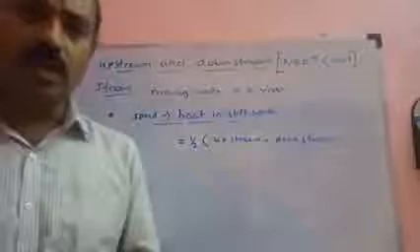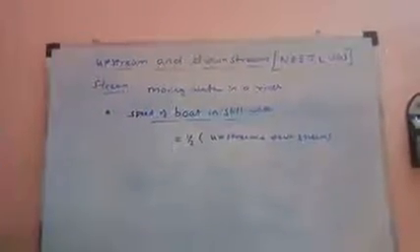The speed of boat in still water, or stationary water, is 1 by 2 into upstream plus downstream. Already told what is meant by upstream and downstream. So this is the third formula. Two formulas were already given: one to find the upstream value, the second to find the downstream, and now a formula to find the speed of boat in still water.